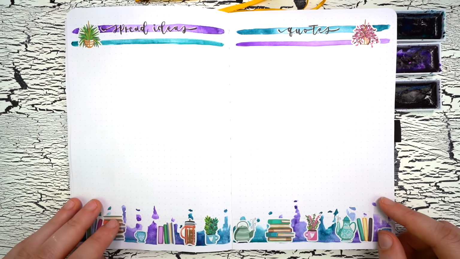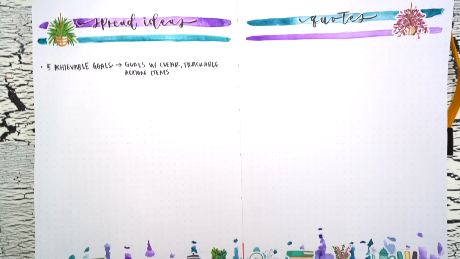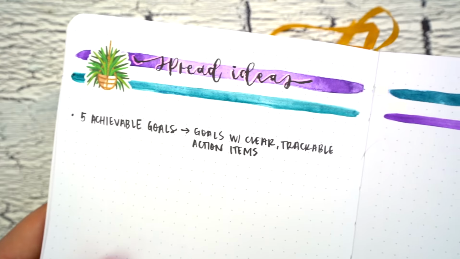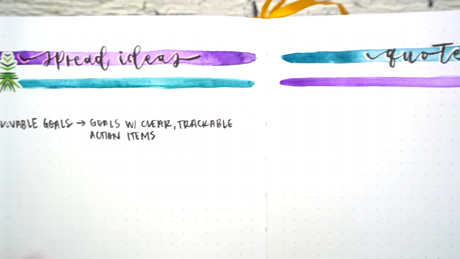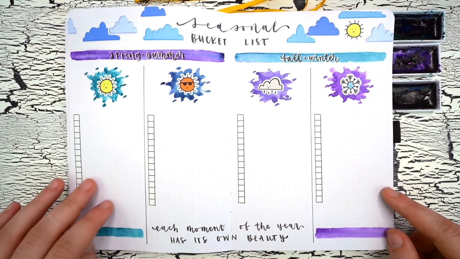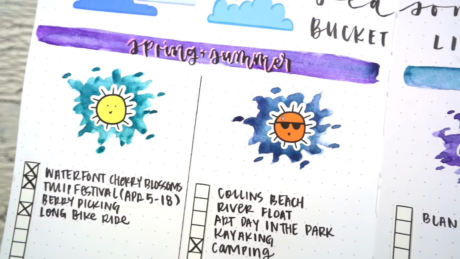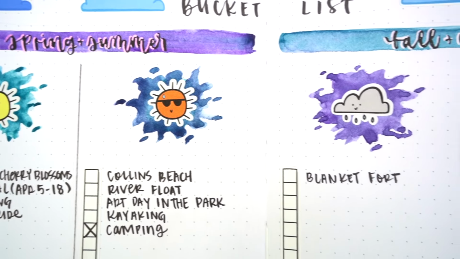I really just couldn't be happier with how all of these collections turned out, and I feel like they add a fun, different component to my journaling that it didn't really have before. So I hope you guys liked watching me set up all of these spreads today, and I hope that you try out something similar in your journal.